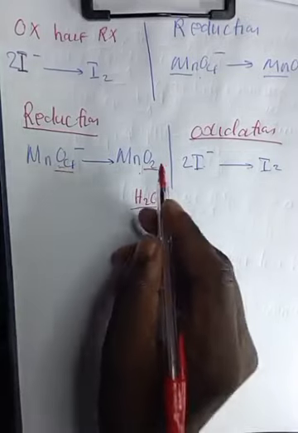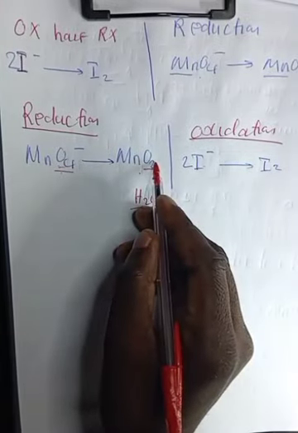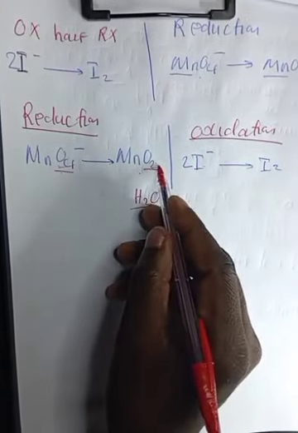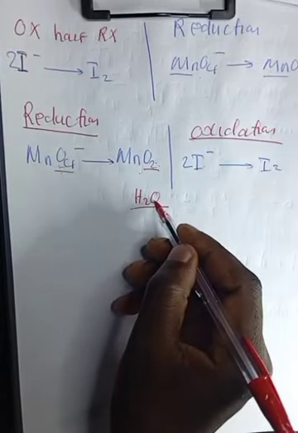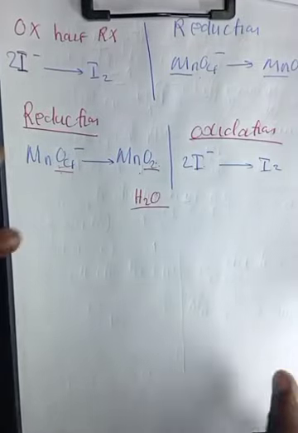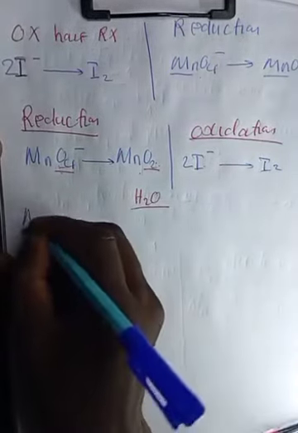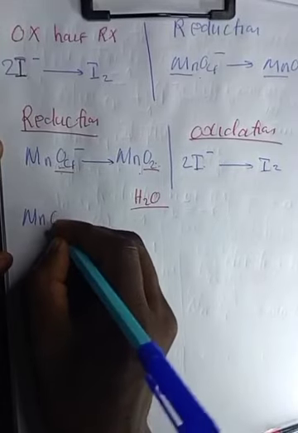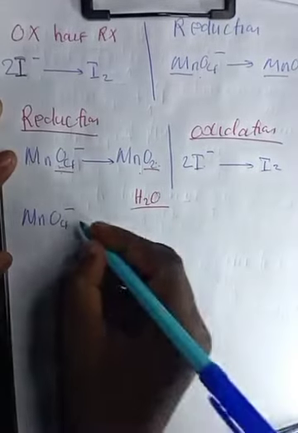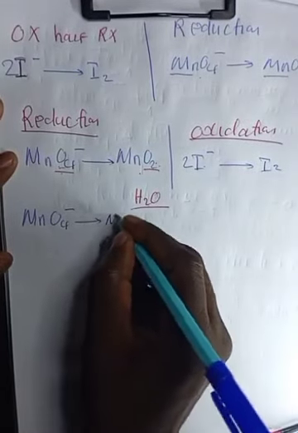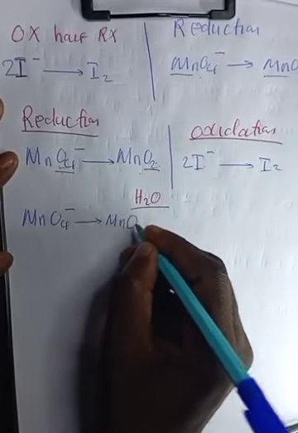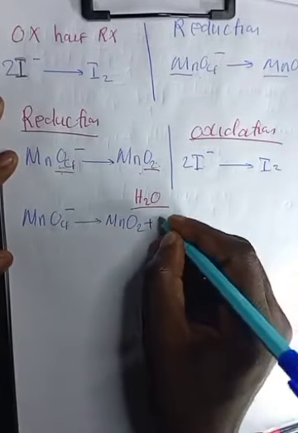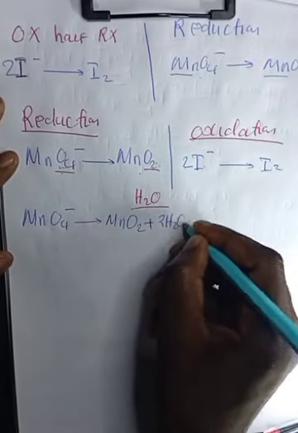So to get 4 oxygen here, we need to add 2 water molecules so that we get 2 oxygen in water molecules plus these 2 to get 4. So this one will be balanced as MnO4 minus getting MnO2 plus 2H2O.